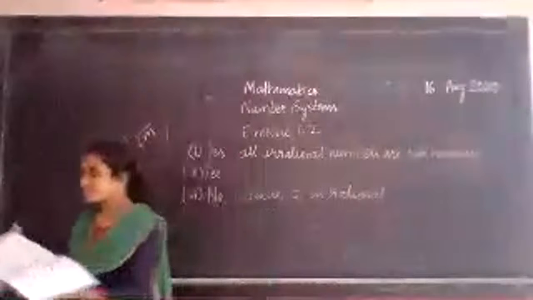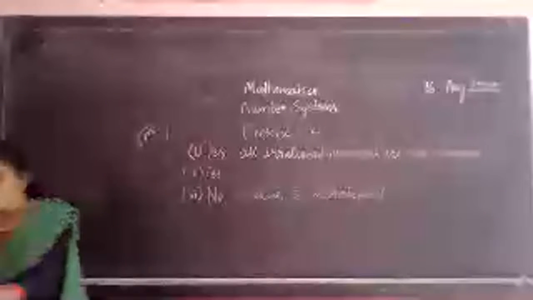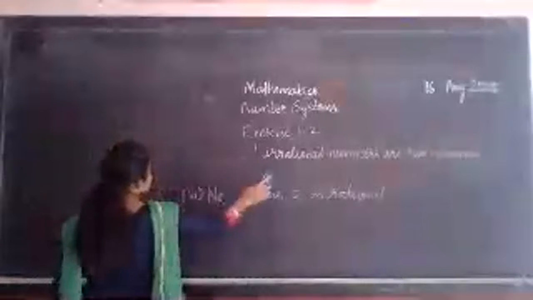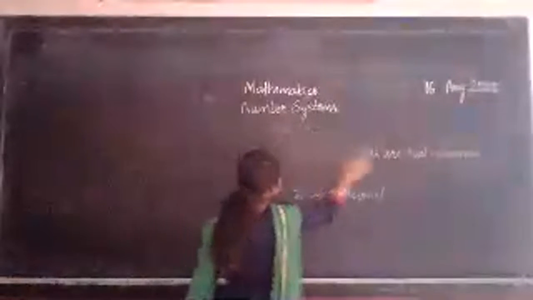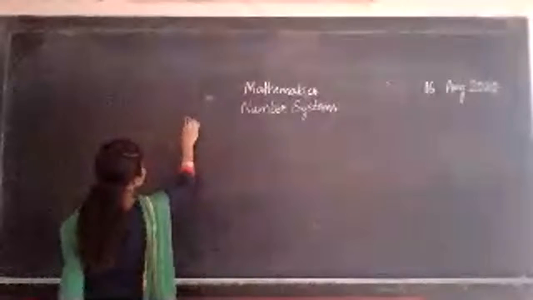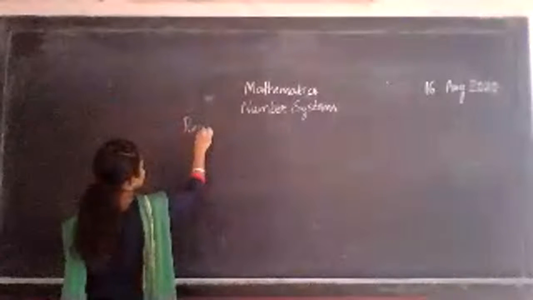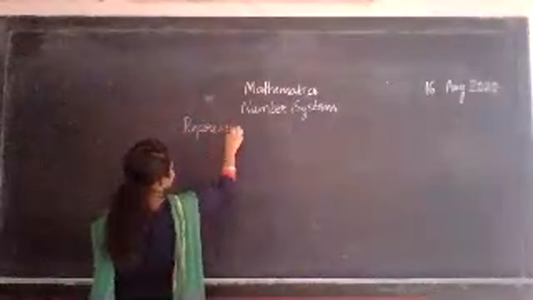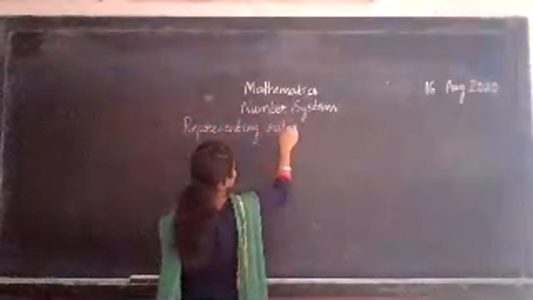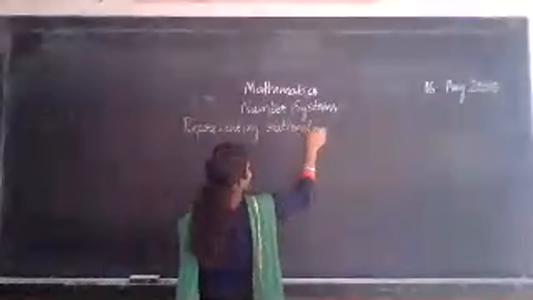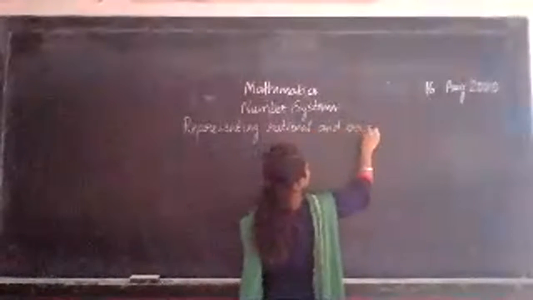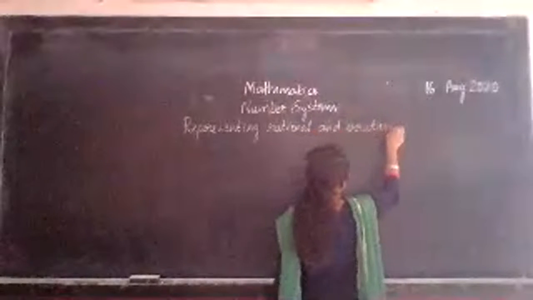The next part of the chapter is rational and irrational numbers in decimal form.